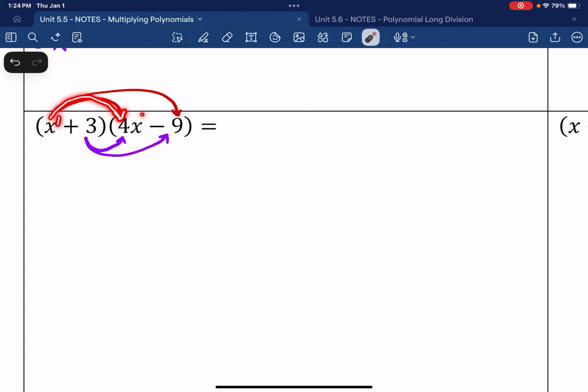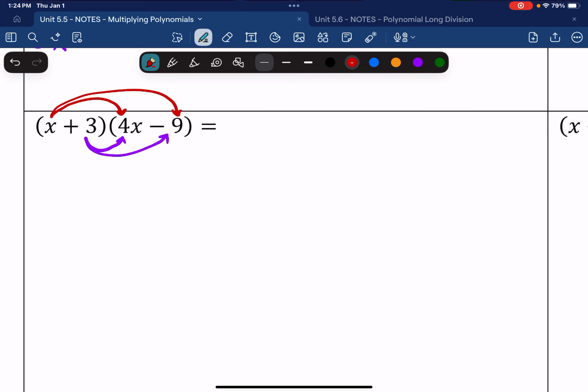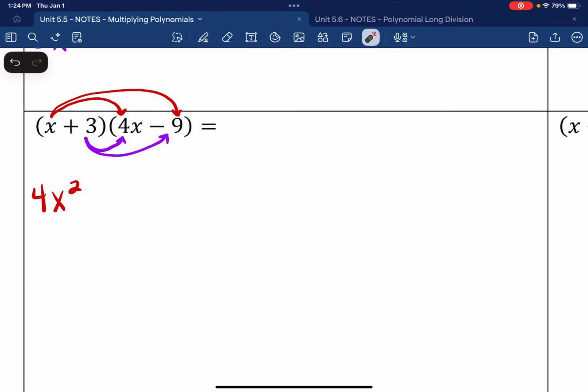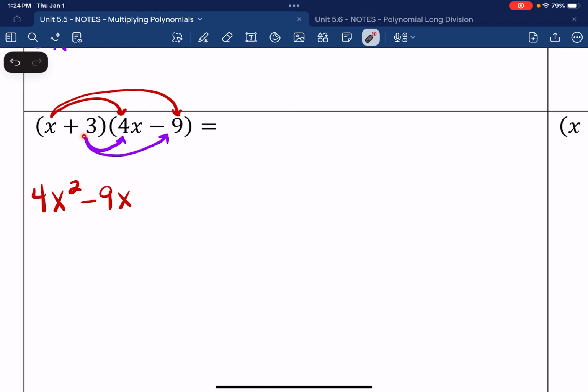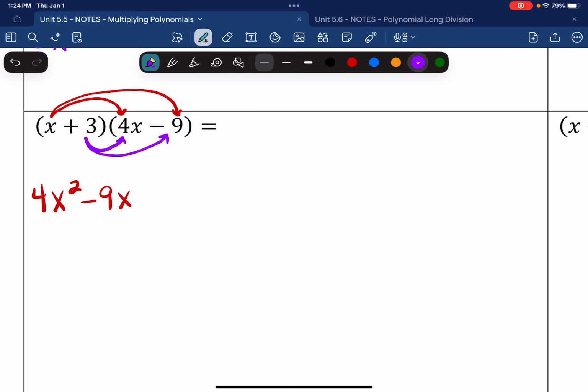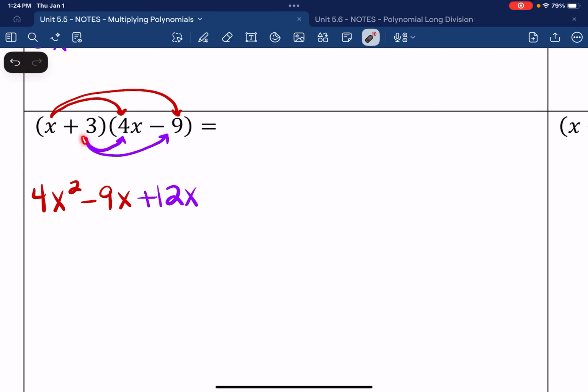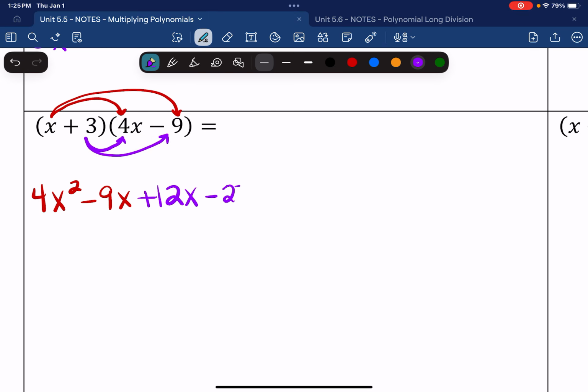Remember, both of these have an exponent of 1, so when I multiply those together, we get 4x squared. And then x times this minus 9 gives us our minus 9x. And then when we multiply 3 times 4x, that gives us our plus 12x. And then when we have 3 times this minus 9, that gives us our minus 27.